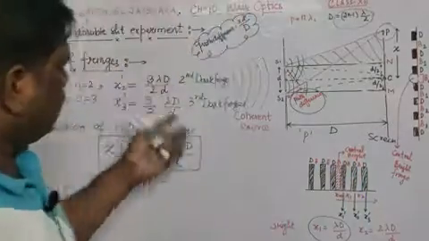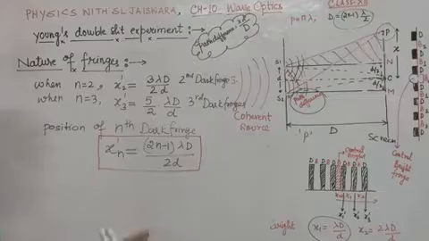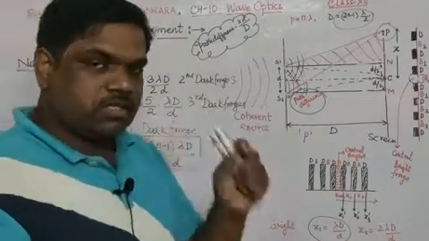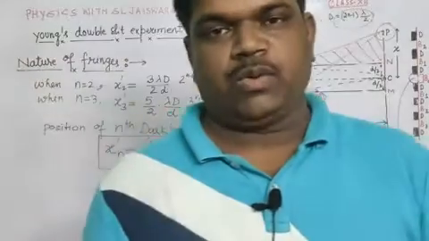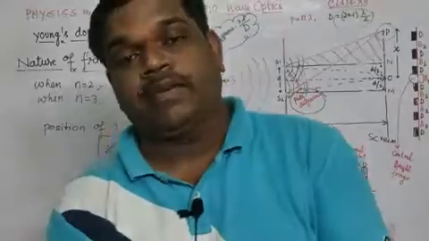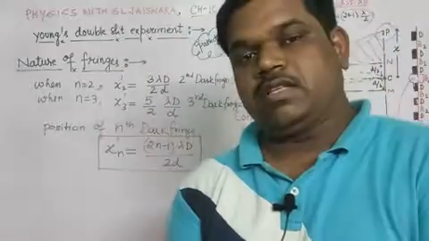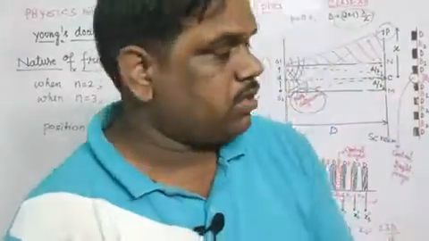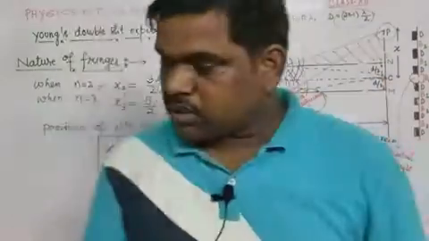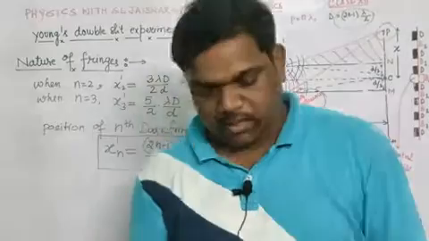This is how we can derive the position of the first, second, third dark fringe and so on, and the first, second, third bright fringe on this screen.